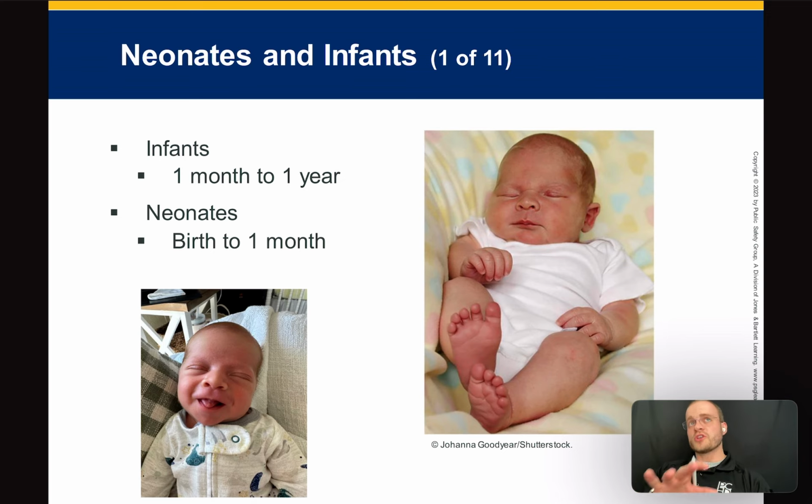What's interesting is a lot of times the age in a vignette, definitely in medical school and even in EMT school, can give away the answer sometimes. So always pay attention to the age and other identifying factors. If they tell you it's a 47-year-old homeless male, right? They're telling you that sometimes for a reason.